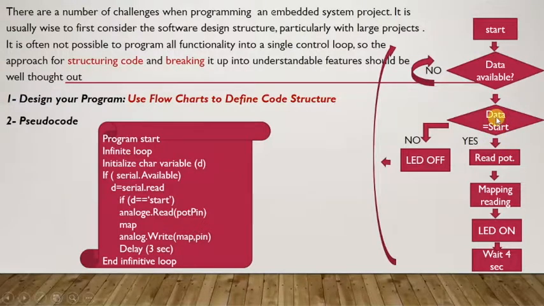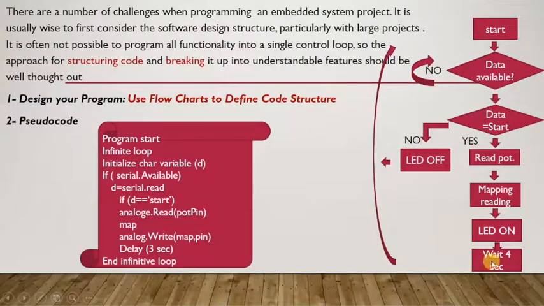If yes, if the user entered start, you must read the potentiometer, map the reading of the potentiometer and turn on your LED. Then you must wait for 4 seconds. Why the delay? Why must you use a delay function? As I said, the Atmega 328 which we were using in the lab performs 16 million operations per second.